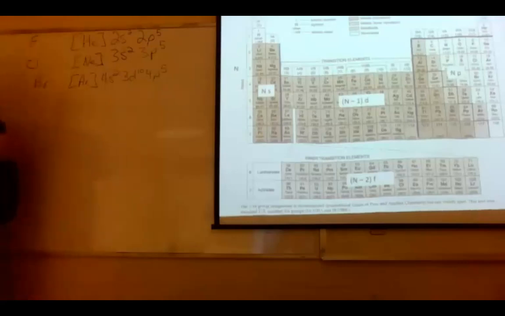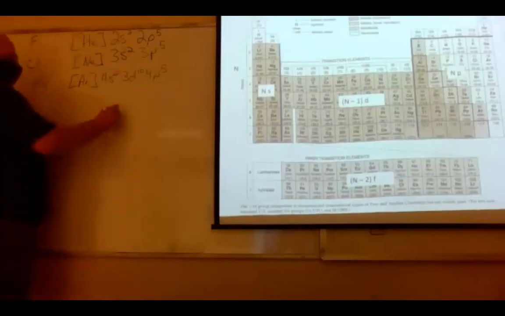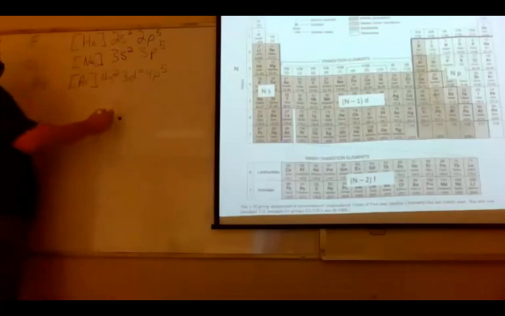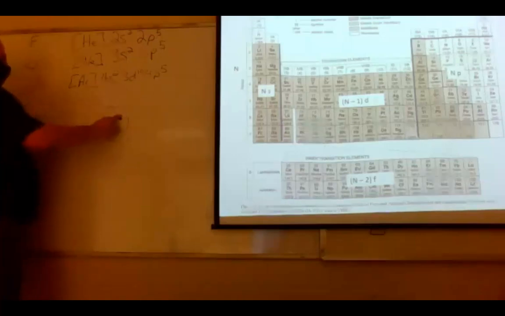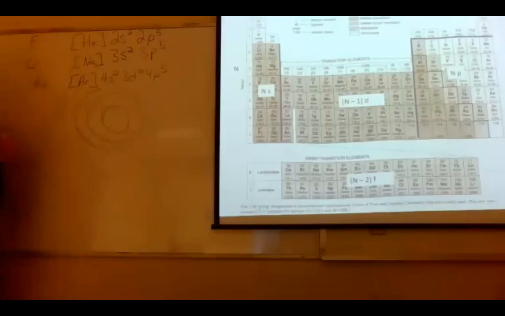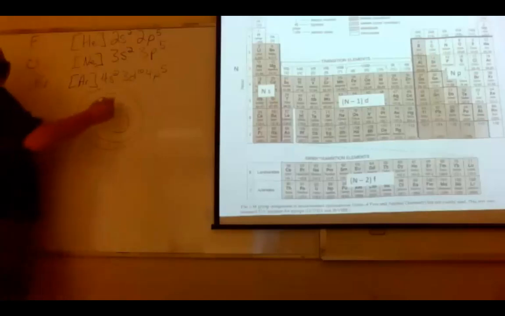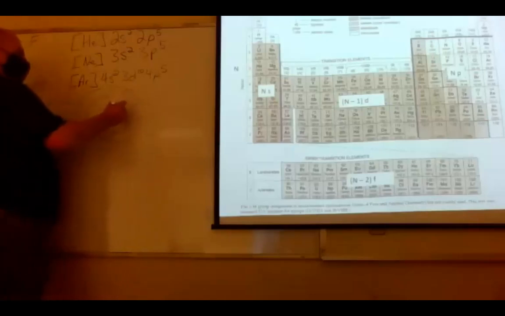When I look at the electrons on the outside, don't forget that these N numbers tell me what layer we're on. I can draw circles. Here's the 1S's, and we get N equal to 2.